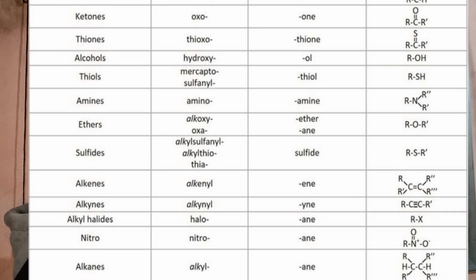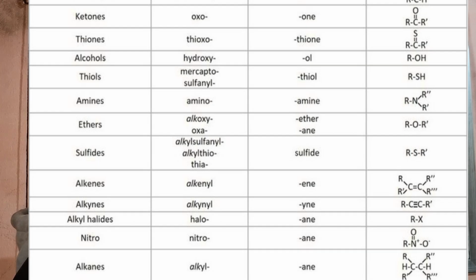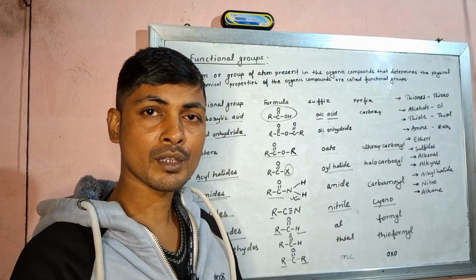Next one is ether. Ether means if there is an oxygen atom present between two alkyl groups, then it is called ether. Similarly, sulfides, alkenes, alkynes, alkyl halides, nitro, and alkane are the functional groups. We have to remember all these functional groups in the same order.